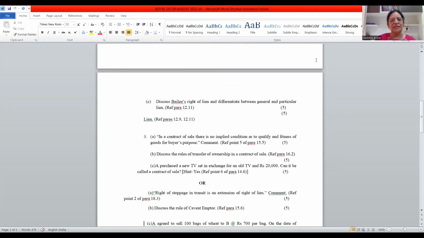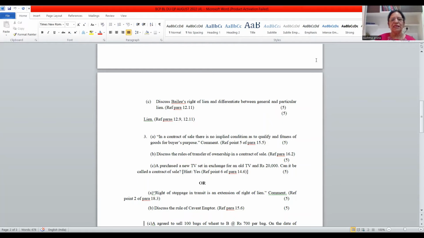C part is, discuss bailee's right of lien and differentiate between general and particular lien. Bailee's right of lien: lien is the right to retain the goods. Lien can be of two types. One is a general lien, the second is a particular lien. General lien is always exercised for the general balance of account. It can be exercised against any property.